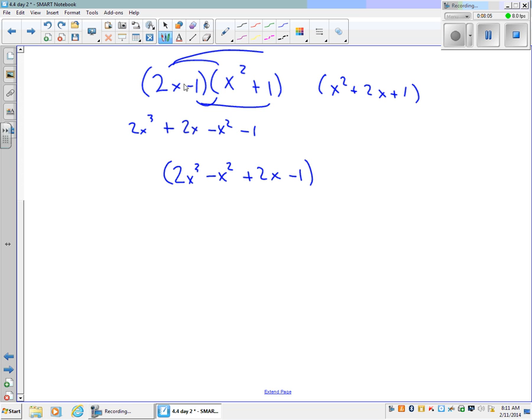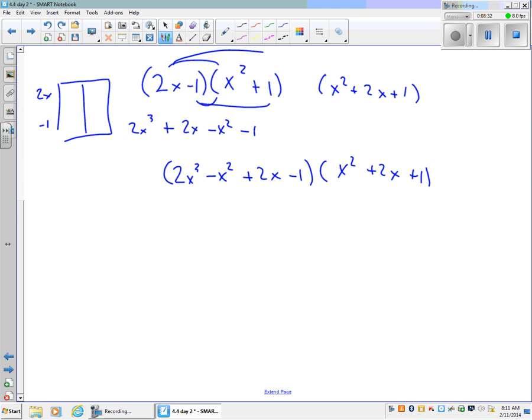Now, for those of you that like the box method, that's the same thing. You can do the box method and you'll end up with the same polynomial. Over here I have x squared plus 2x plus 1. And this is one of those problems where a lot of people like that box method. And if you don't know what the box method is, it's taking that 2x minus 1, writing it on the left-hand side of a box.